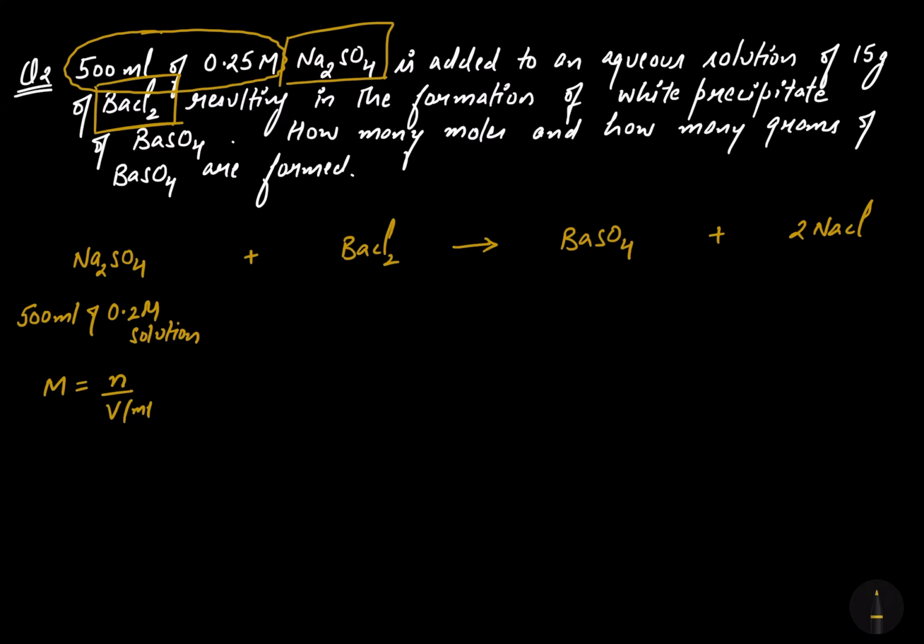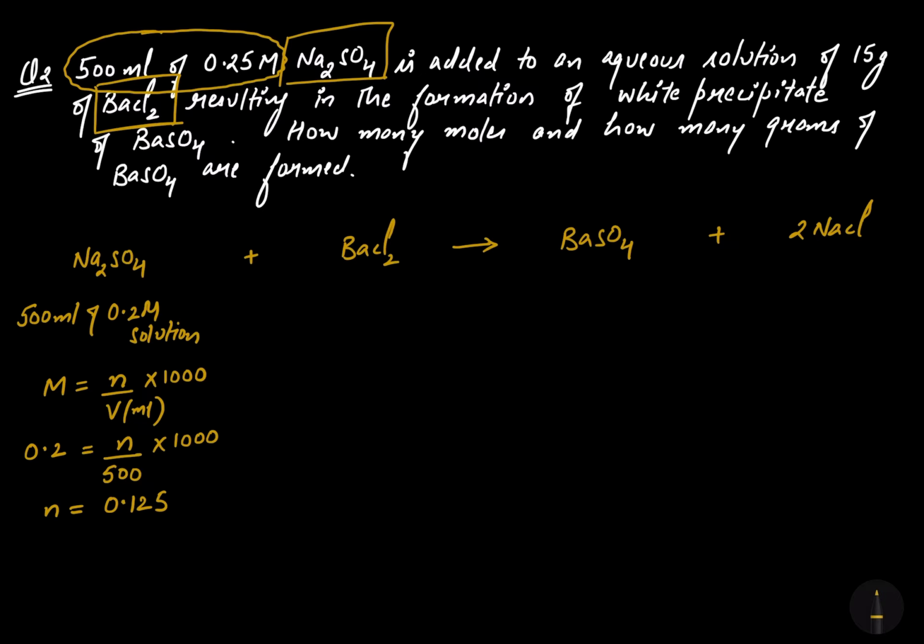If volume is in ml, I have to multiply with 1000. So my molarity, in the question given, is 0.25 molar. Number of moles I have to evaluate. My volume is 500 into 1000. So my dear students, number of moles comes out to be 0.125. That's the number of moles of Na2SO4 that have been given in the question.